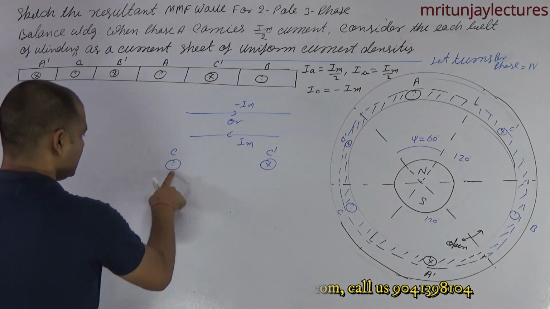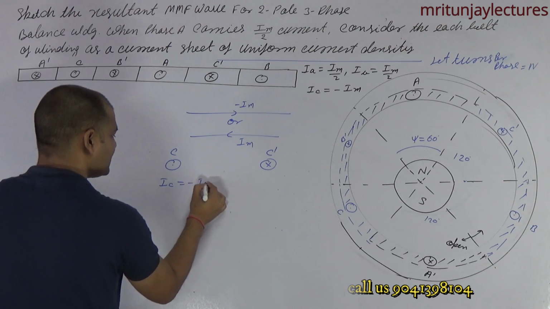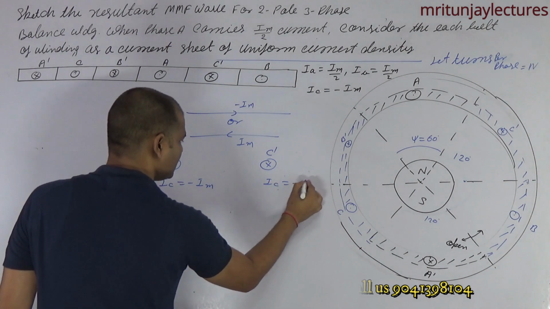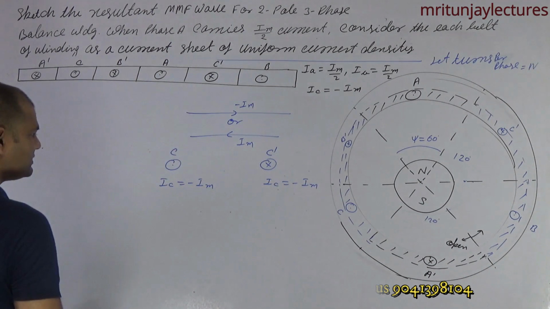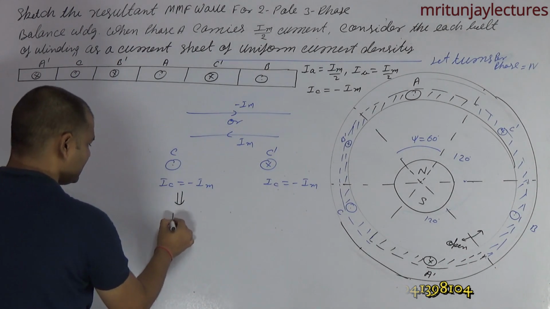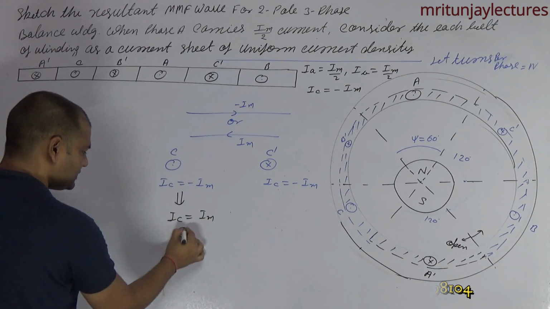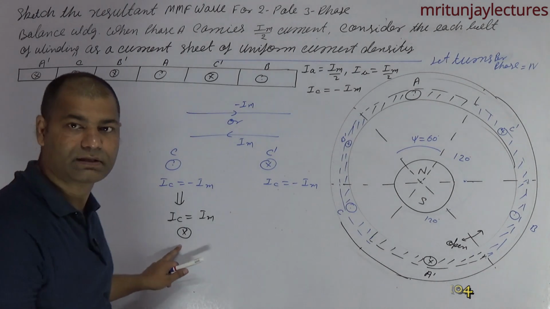If IC equals minus Im, you can also represent it as plus Im with the direction of current opposite, that's why I represent it like this one. Clear?